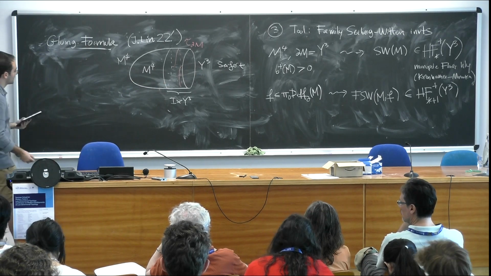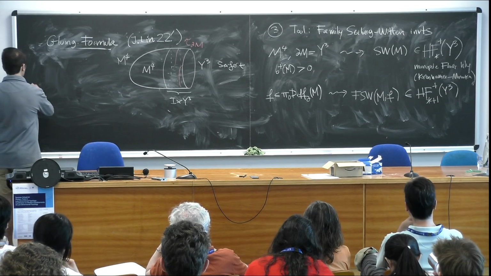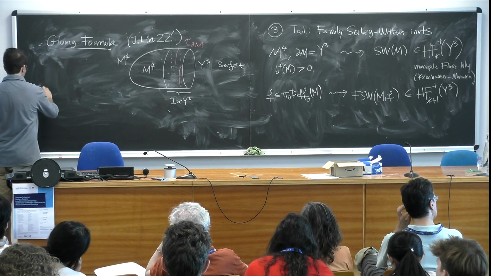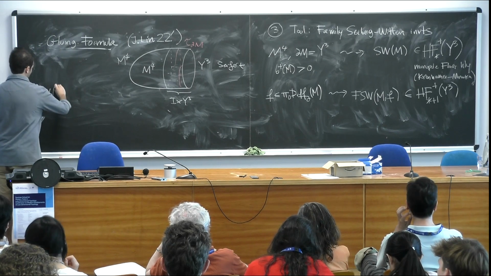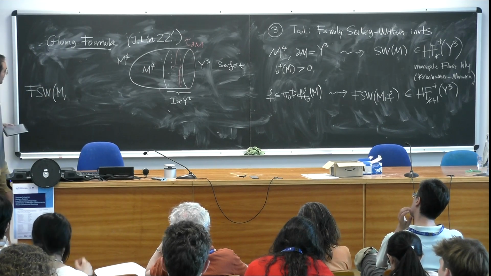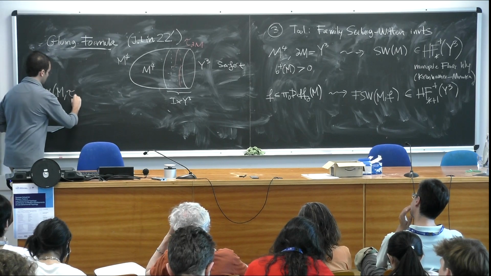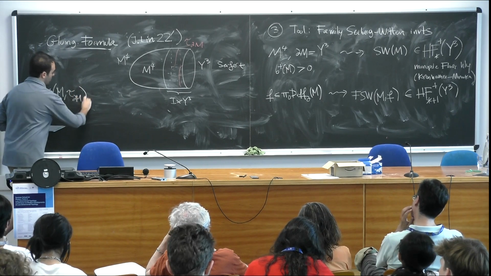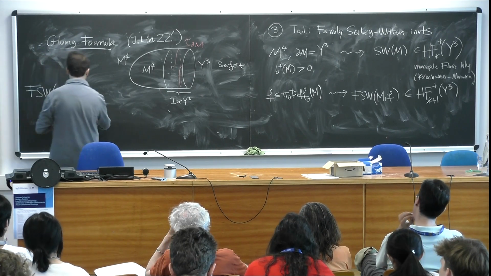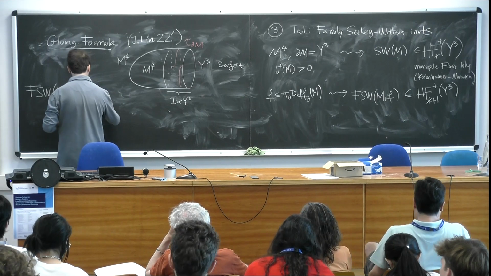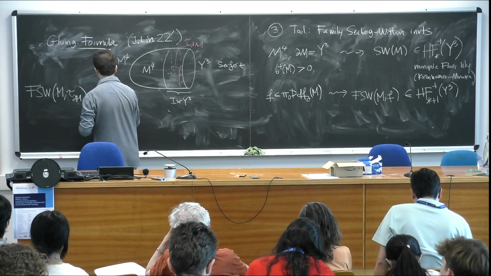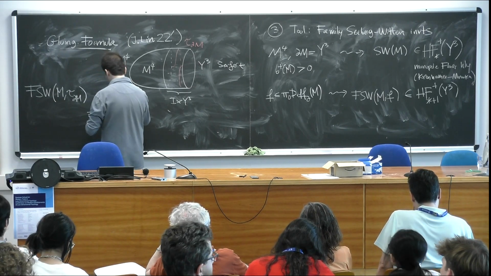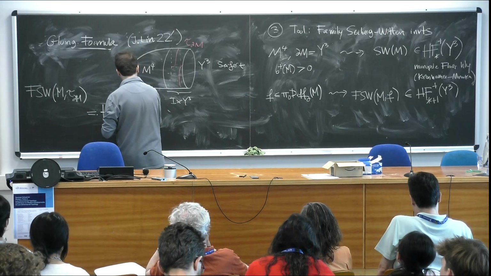So in this case, the gluing formula looks something like this. The family Seiberg-Witten invariant for the boundary Dehn twist on M you can compute as follows.